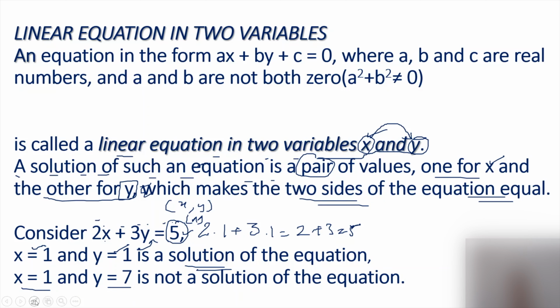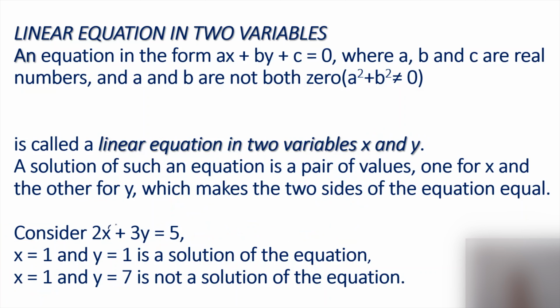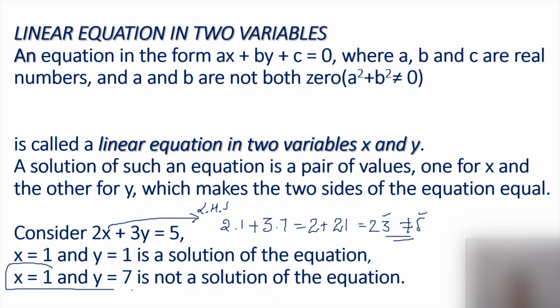If we put these values in the left hand side, we get 2 times x, that is 2 into 1, plus 3 times y, means 3 into 7, is equal to 2 plus 21, that is equal to 23, which is not equal to 5. Left hand side is not equal to right hand side. Therefore, x is equal to 1 and y is equal to 7 is not a solution of the given equation. If the values of x and y satisfy the equation, it means these are the solution. If they do not satisfy the equation, it means these are not the solution of the equation.